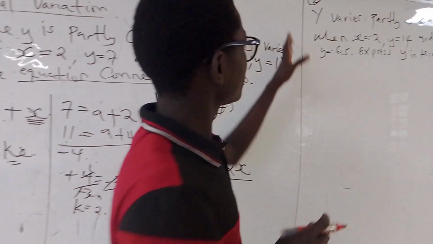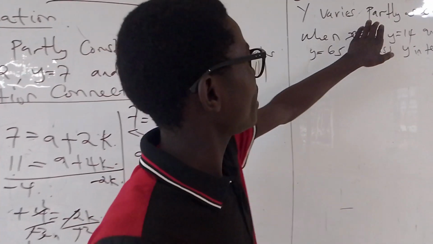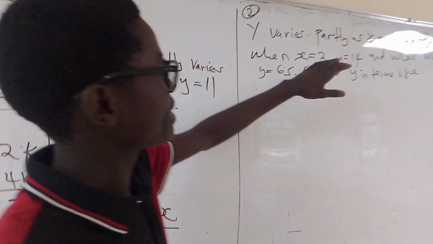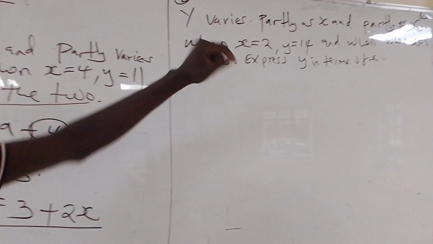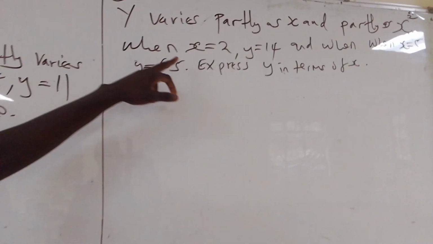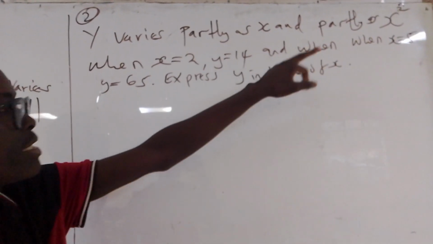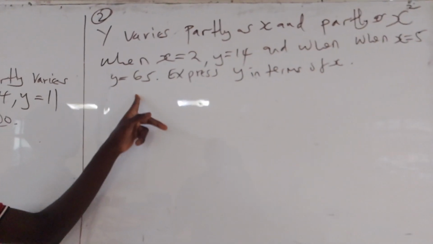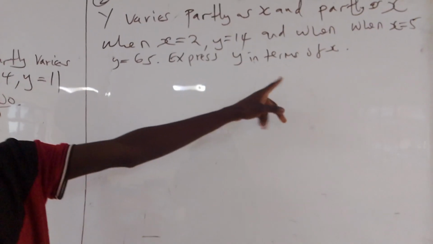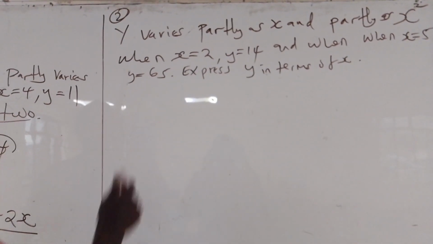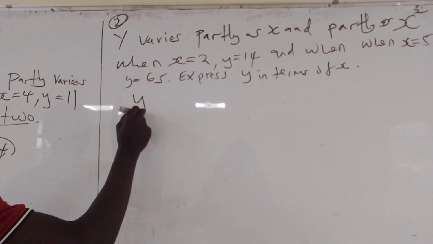The question says that y varies partly as x and partly as x squared. When x is 2, y is 14, and when x is 5, y is 65. Express y in terms of x.